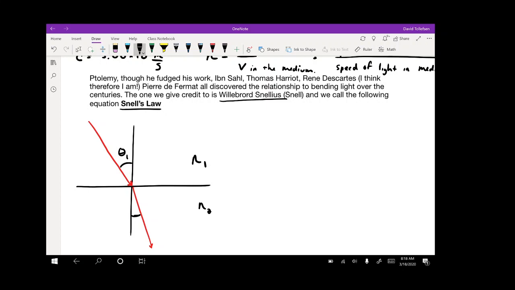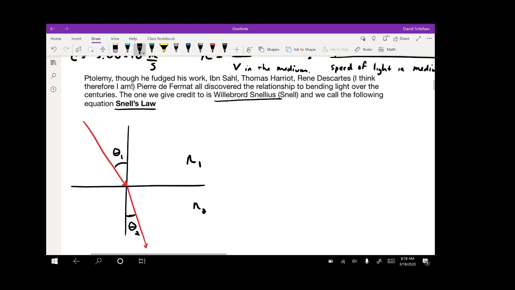And this is our angle of refraction between the normal and the light ray. So it's kind of opposite. The equation looks like this: n1 sine of angle 1 is equal to n2 times sine of angle 2.